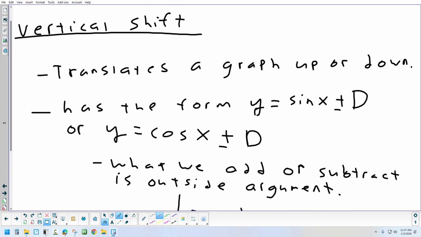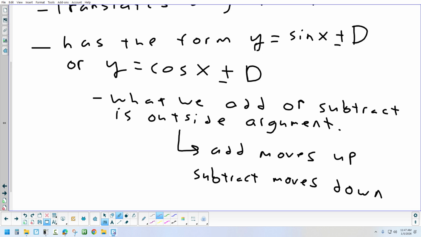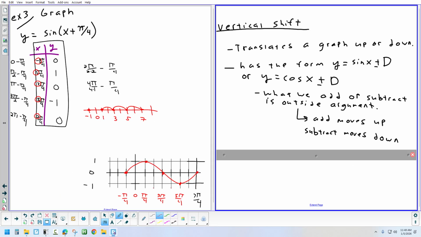Which way would add move the graph when we're talking about vertical shifts? Yep. Up. And subtract? Down. It's not backwards. Vertical is never backwards. Just like we've done all year. Add is up. Subtract is down. All right. So now we know what we're looking for when we see a vertical shift, adding or subtracting on the outside. Technically, it doesn't have to be at the end.